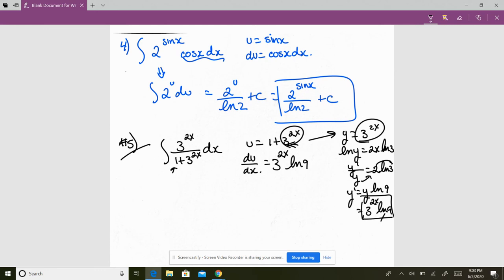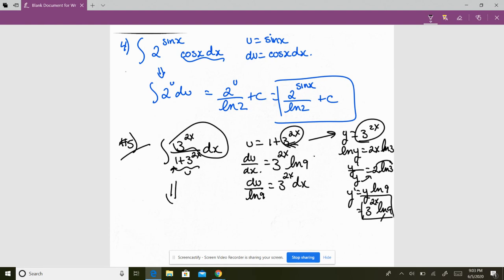All right. Now, we've gotten rid of the bottom. It's u. There's our u. I want to get rid of that 3 to the power of 2x, so I multiply the dx up and divide off the natural log of 9. Then I can sub that out.